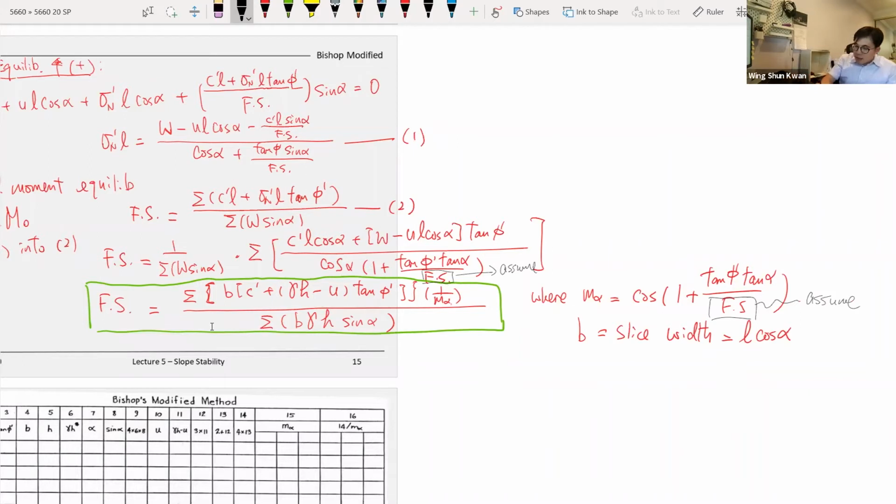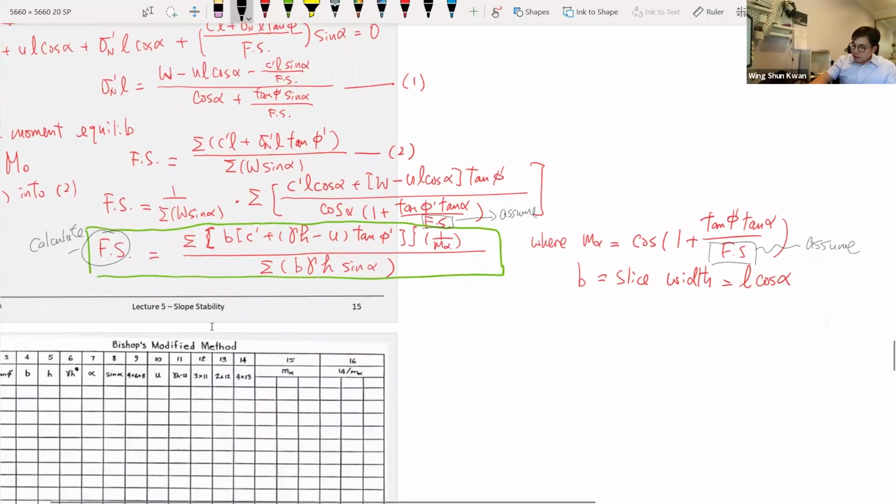And at the end of the day, you calculate your factor of safety based on that. So you require some trial and error in order to find the correct solution, because you realize you divide your slope into n different slices.